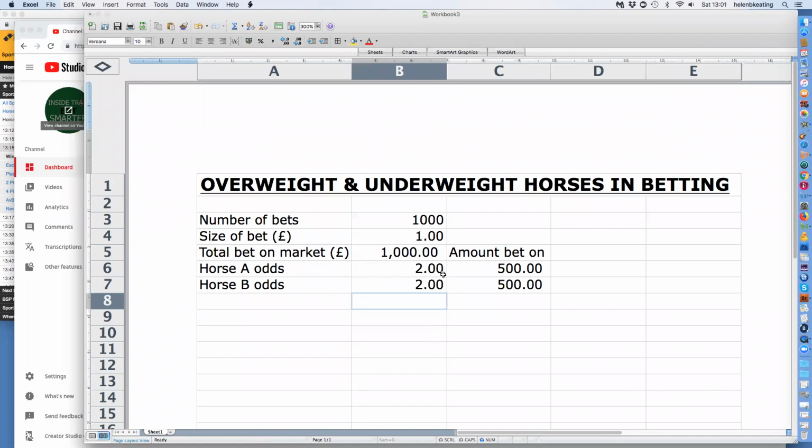The second factor is that the odds of horse A will affect the odds of horse B, because at some point you're going to get more people saying, "Oh, I think horse A is going to win." You don't tend to get that in a coin toss, where generally if someone goes for heads, someone else will go for tails. In a horse race, you could sometimes get people who just have a feeling: it's got blue silks, it's number one, it's got a good jockey on it.